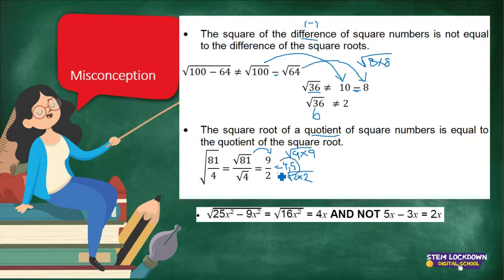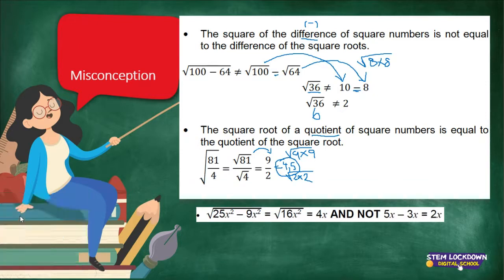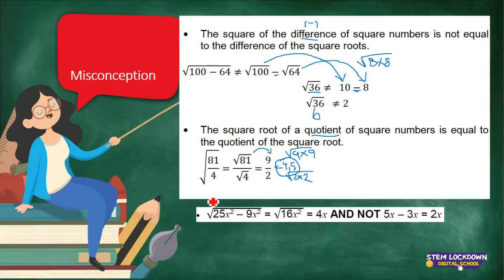Now let's check whether this is equal to this. Let me use a different color for that. Let me use red. For this I'll be using red. I want to write it here. The square root of 81 divided by 4. What is 81 divided by 4?